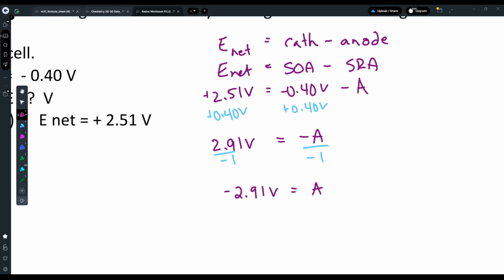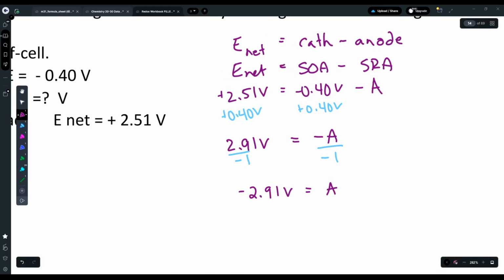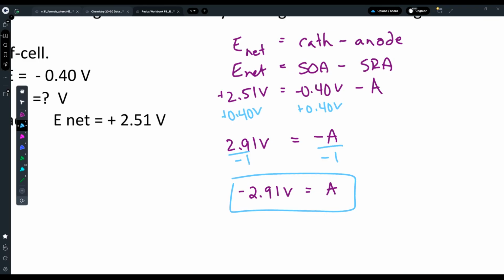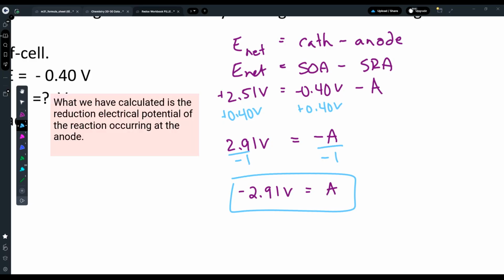Okay, so now that we have this, this is what we can use to identify what our SRA is, or what the half reaction is that's happening at the anode.